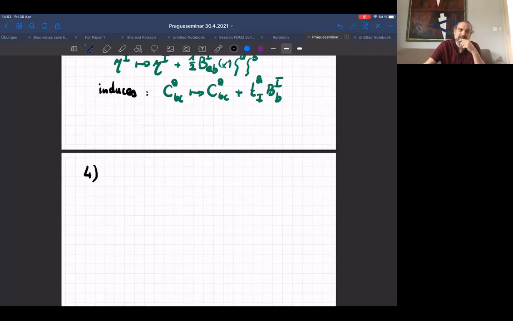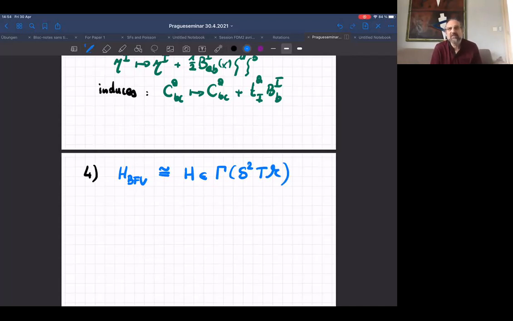So that means that we can identify every extension H_BFV, maybe I just call it H, with some H in the symmetric bivector fields on M. That's an important part.